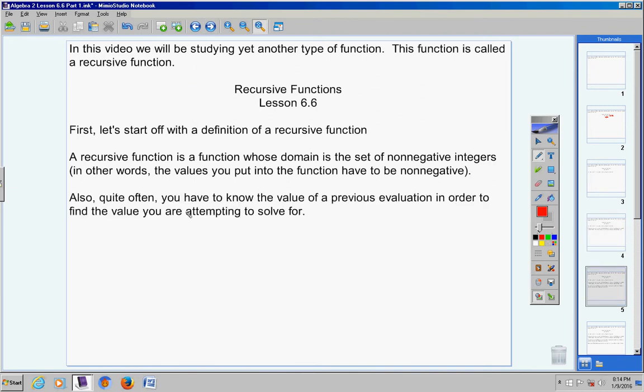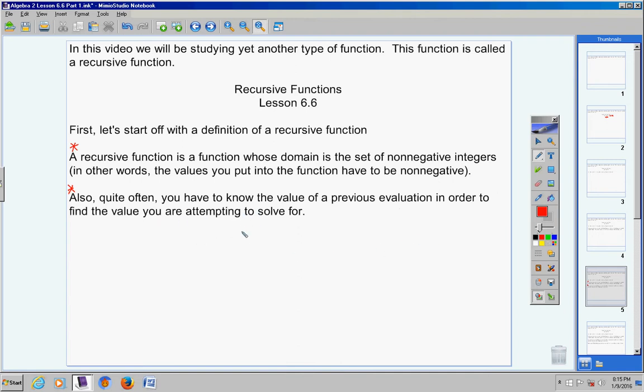Now, also, I would write this down also. If I were you guys, I would write this down and this down also, okay? Also, quite often, you have to know the value of a previous evaluation in order to find the value you're attempting to solve for. Now, I want you to copy that down.